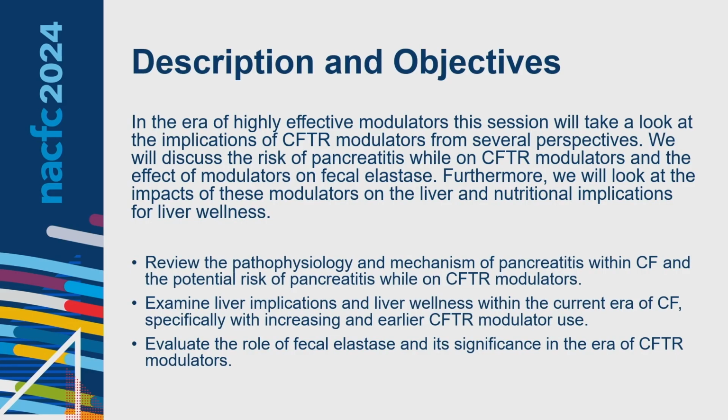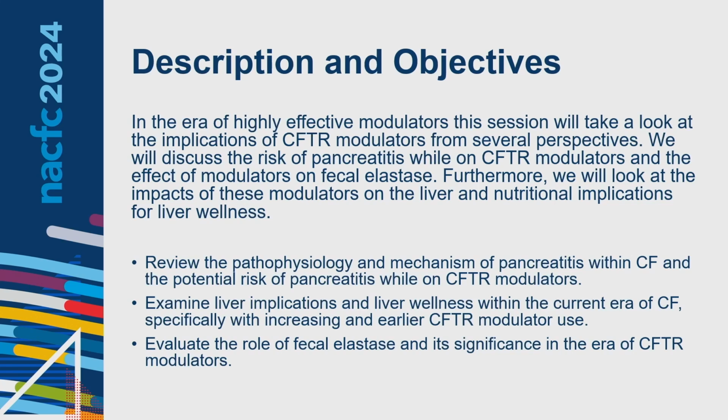All right, so in the era of highly effective modulators, this session is going to take a look at the implications of the CFTR modulators from several perspectives. We're going to discuss the risks of pancreatitis while on CFTR modulators and the effect of the modulators on fecal elastase. Furthermore, we're going to look at the impacts of those modulators on the liver and nutritional implications on liver wellness.